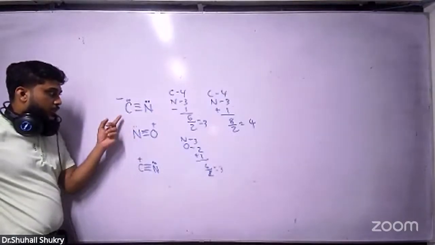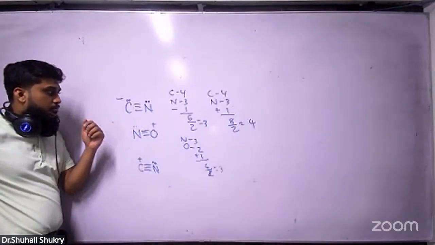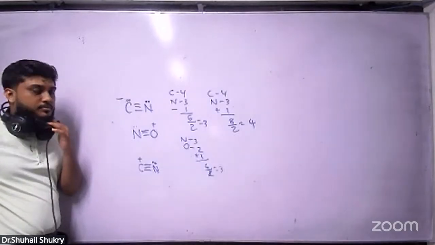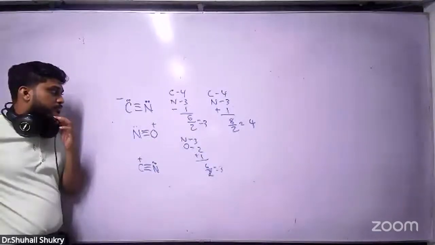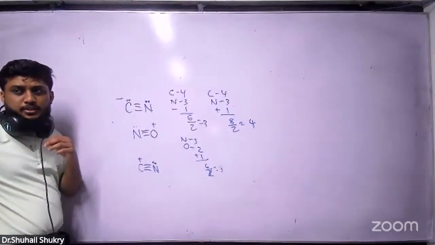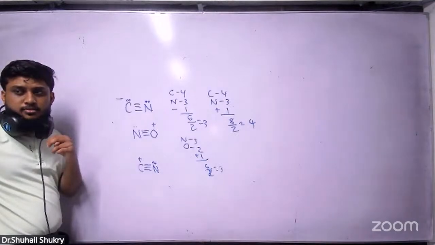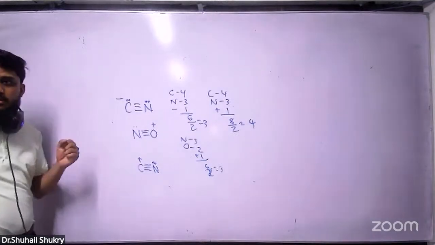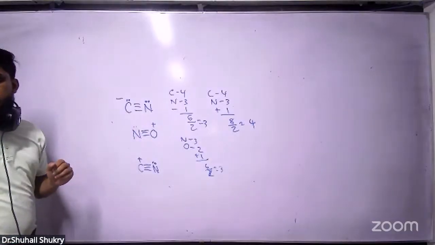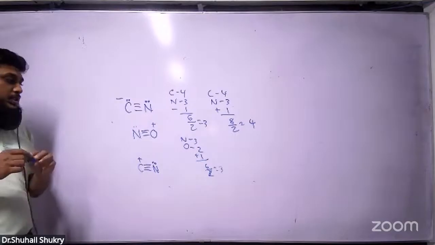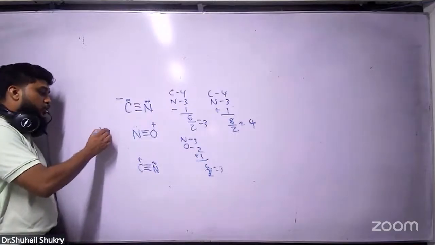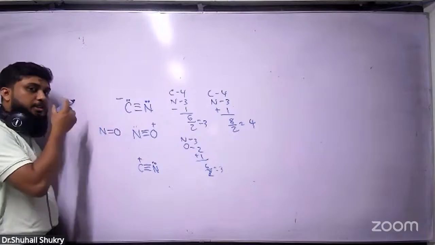Can we draw another resonance structure for CN minus by putting minus on nitrogen? Can I draw another one for CN minus? Can we draw another one for NO plus? Can't we draw another one for NO plus, with nitrogen and oxygen?